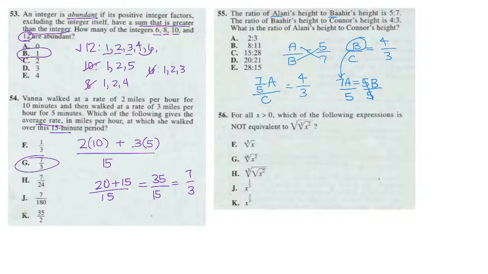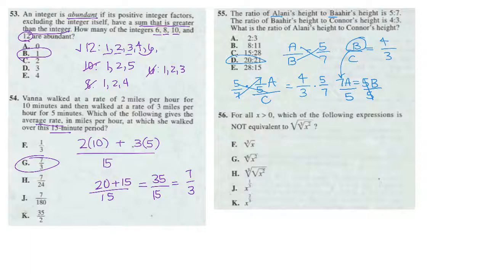Well, to move that over, I need to multiply by 5/7 to get that to cancel, and so it looks like my ratio of A to C is going to be 20 to 21, so that is D.